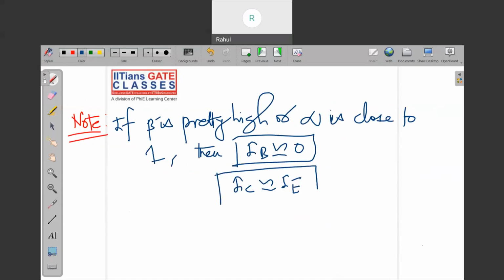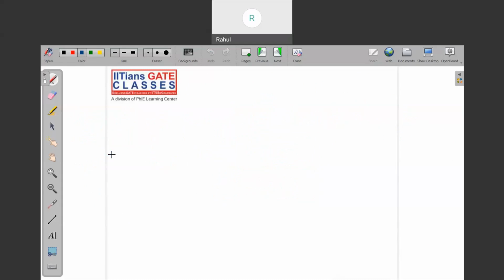This is the perfect approximation you can take. If beta is pretty high, suppose beta is given as 200, you can consider beta is high. Don't put beta in the equations and make life tough.